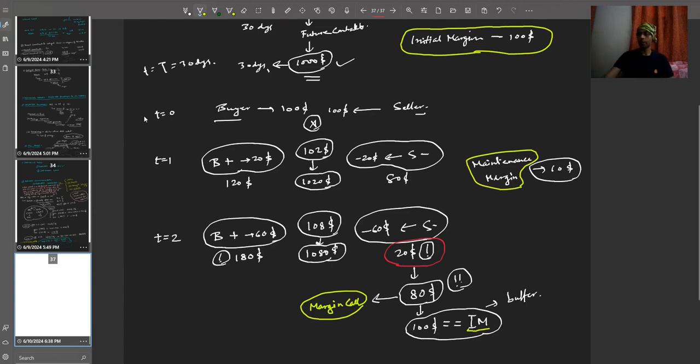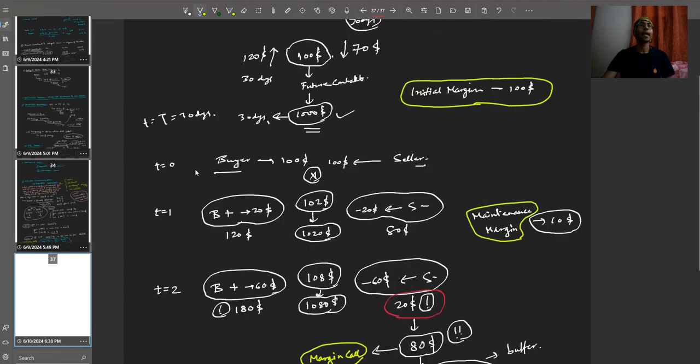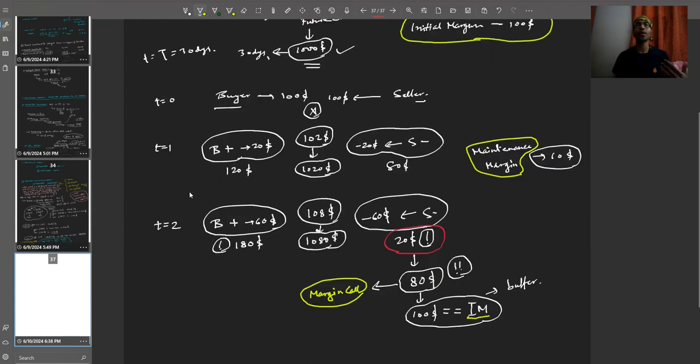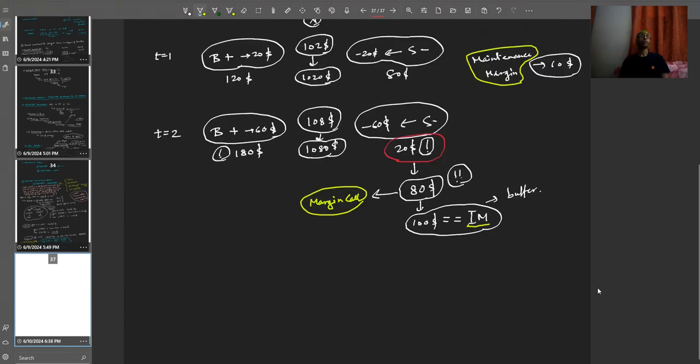So we have understood majorly what the points are in a futures contract. Now we'll understand a few more terms related to the futures contract, and then we will try to understand the features of a futures contract, and in the end define a futures contract. Now in a futures contract there is something called the price limits.